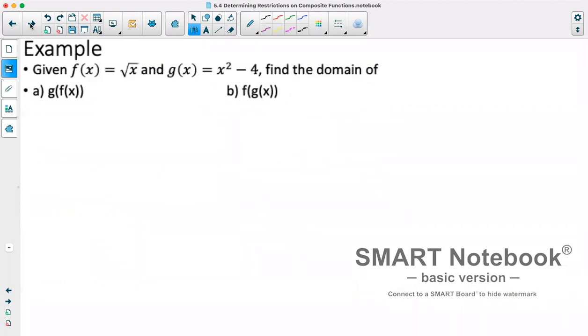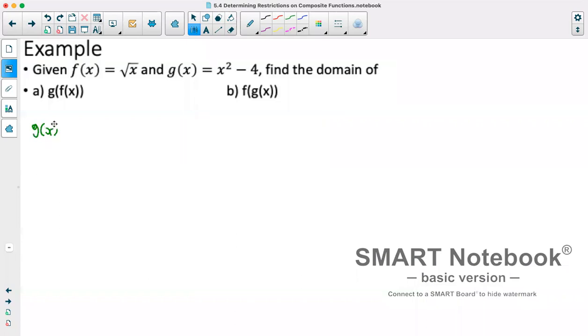Okay, next example, given f of x equals square root of x and g of x equals x squared minus 4, find the domain of g of f of x and f of g of x. Okay, so we'll start with our outer function.